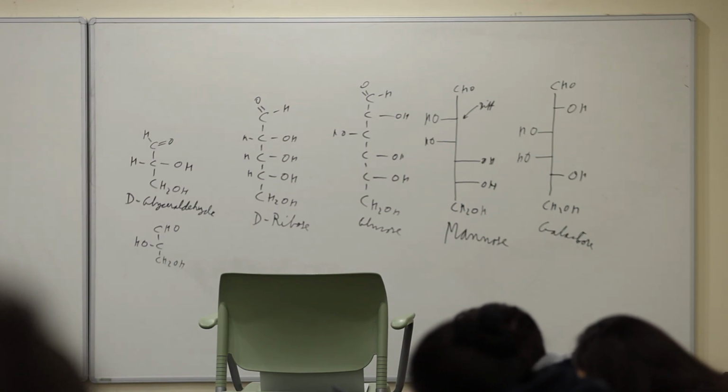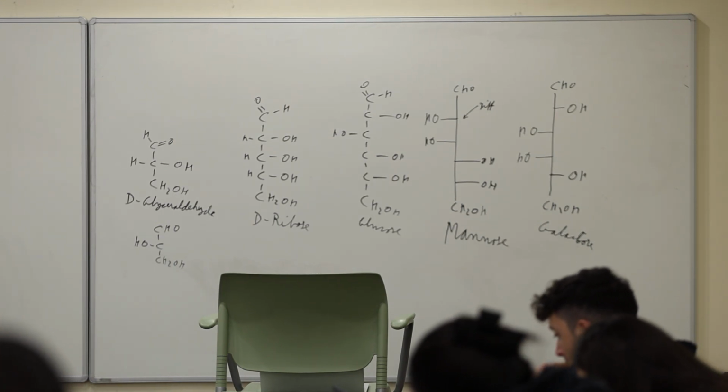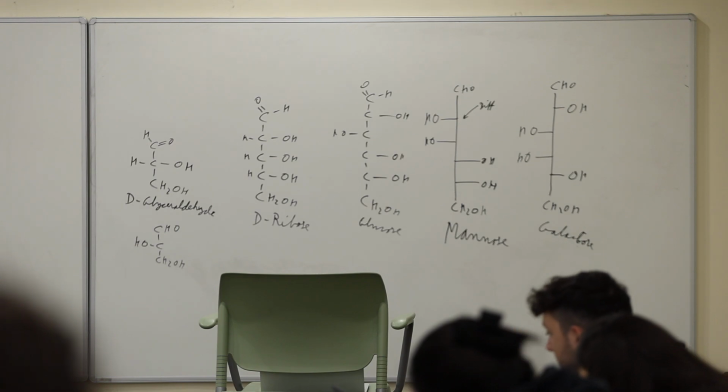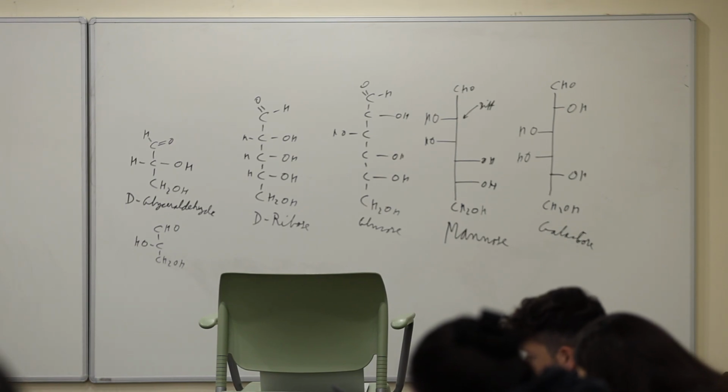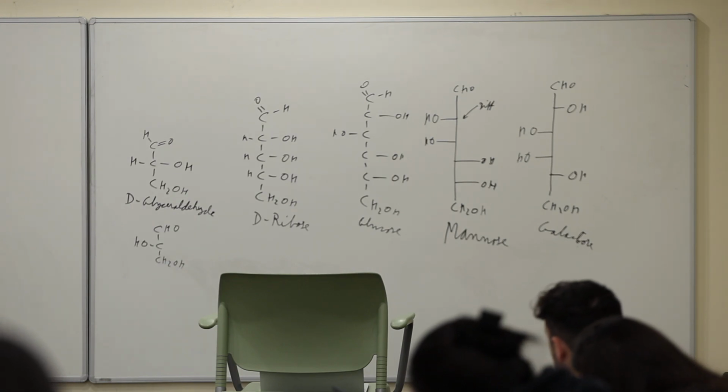Can I have a ketone at carbon 1? No, why not? It has to be between two carbons, so it's very obvious that you cannot have a ketone at carbon 1, so the ketone has to be at carbon 2.